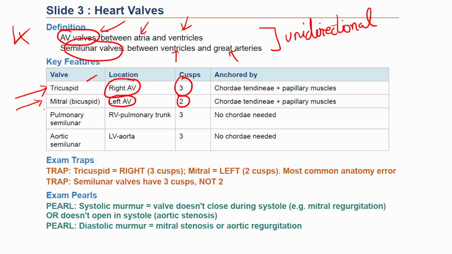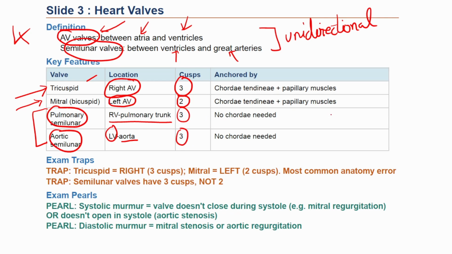Then, talking about the pulmonary and aortic semilunar valves together, the pulmonary valve guards the exit of the right ventricle into the pulmonary trunk, while the aortic valve guards the exit of the left ventricle into the aorta. Both consist of three crescent-shaped, pocket-like cusps.